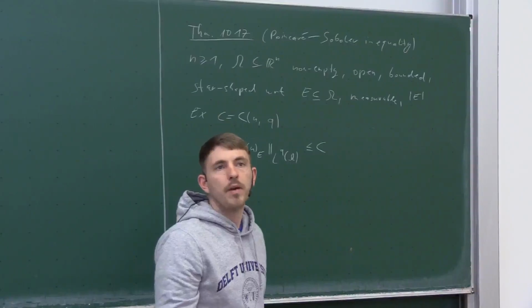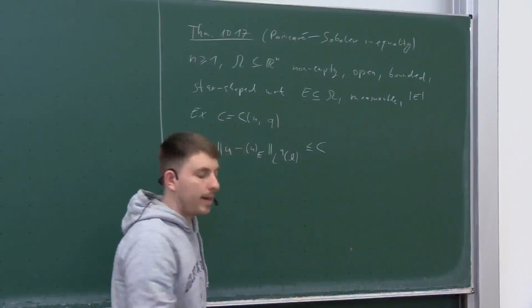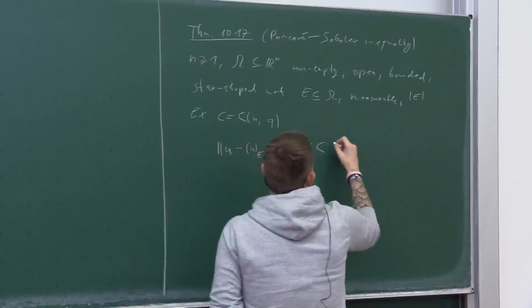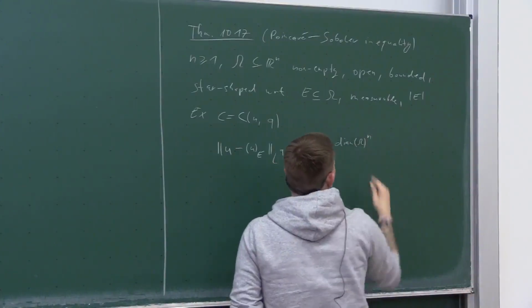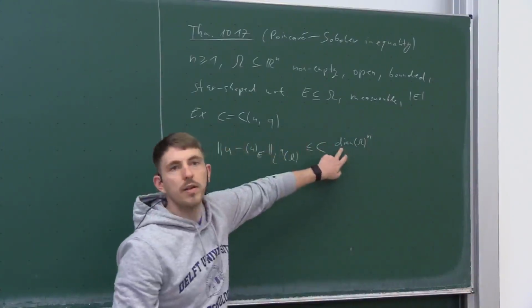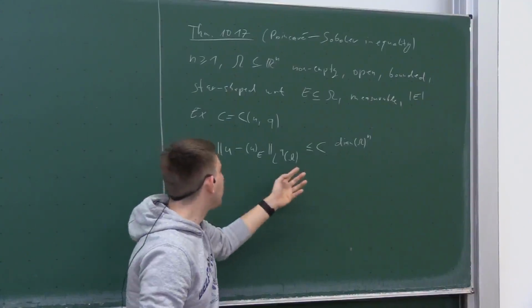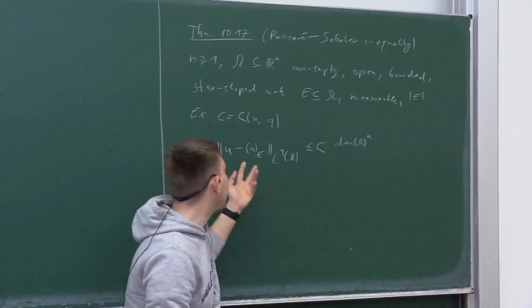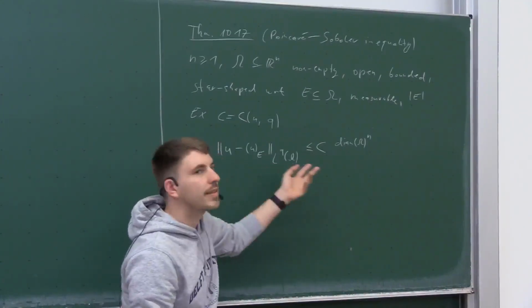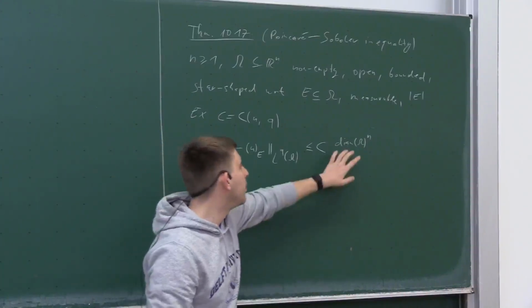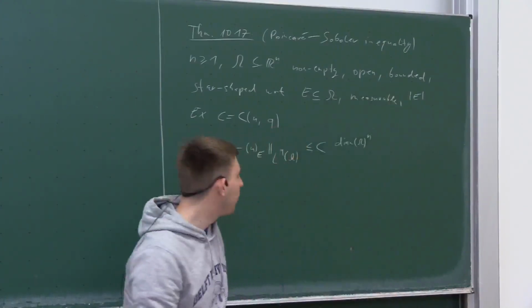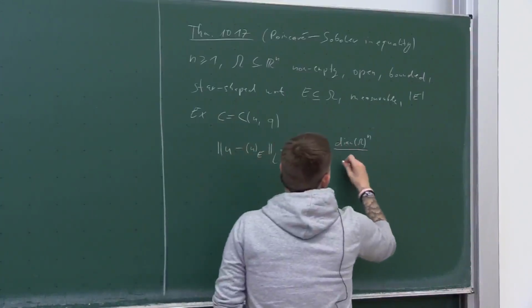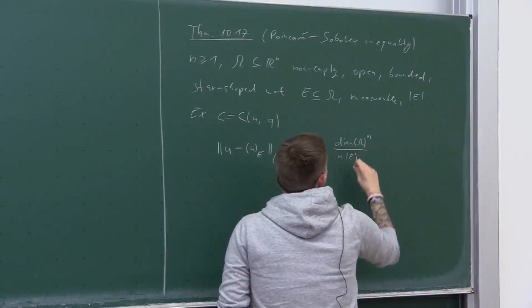Then we will have some factors that depend on omega and E, and these are the diameter of omega to the n. So here you also see you really need to have an inequality that does not say that something is smaller than infinity. You need the diameter to be finite, and this is why you need a bounded set omega. We divide this by n and the measure of E.